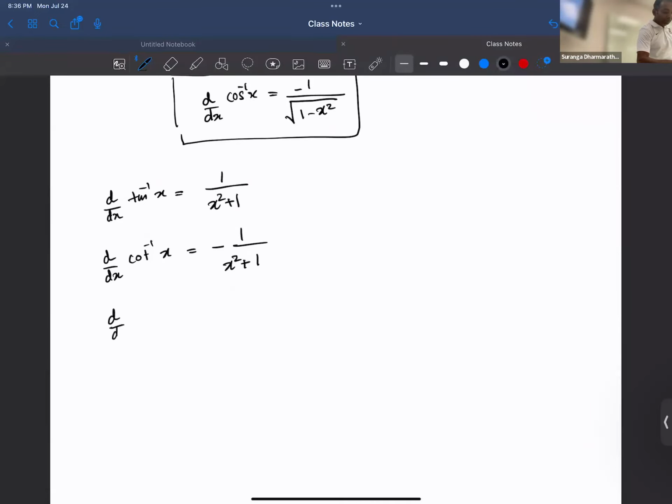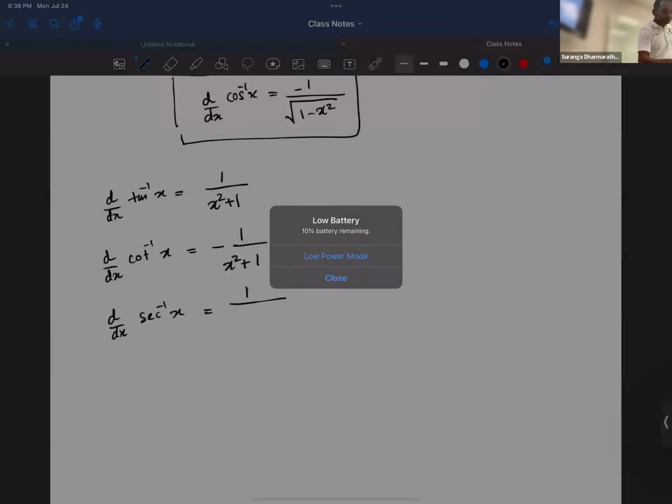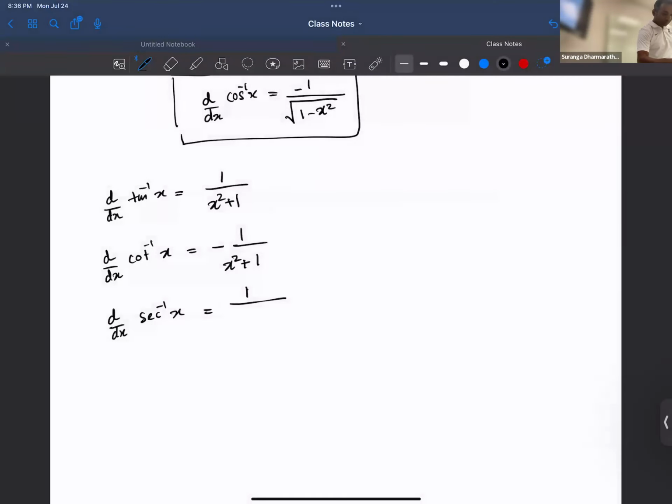D over dx of secant inverse x is equal to 1 over magnitude of x times the square root of x squared minus 1.